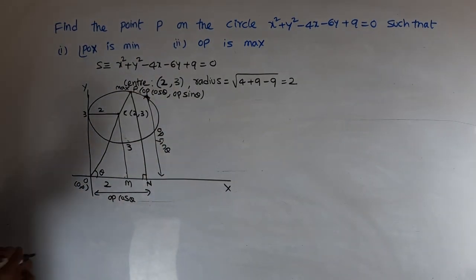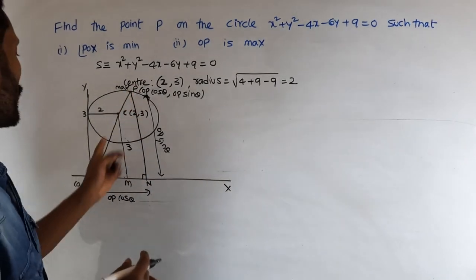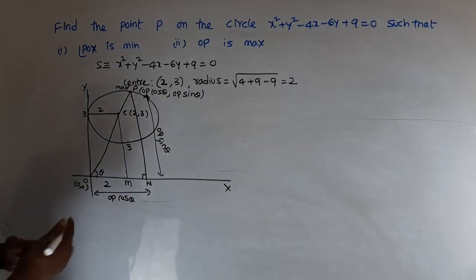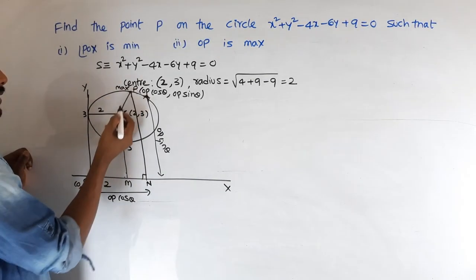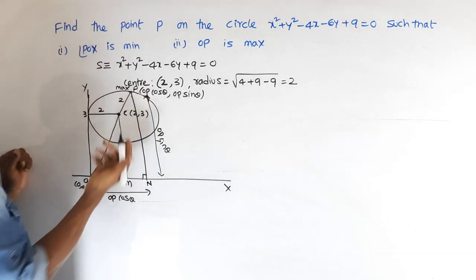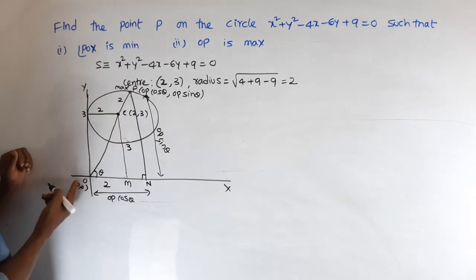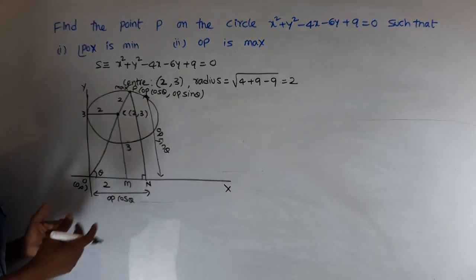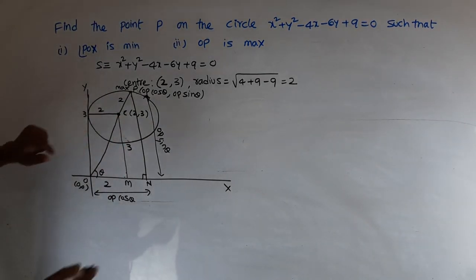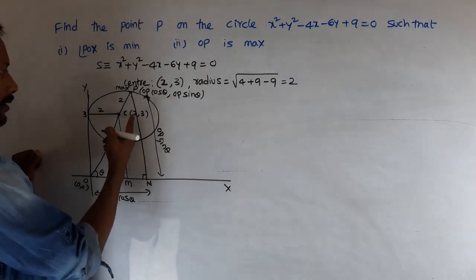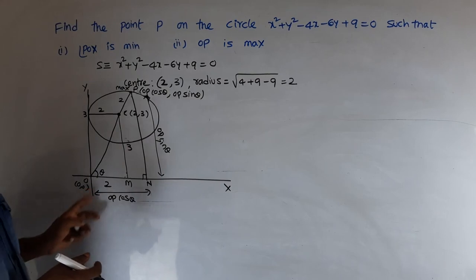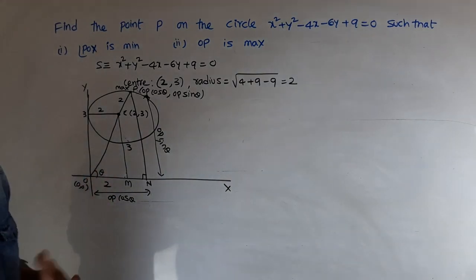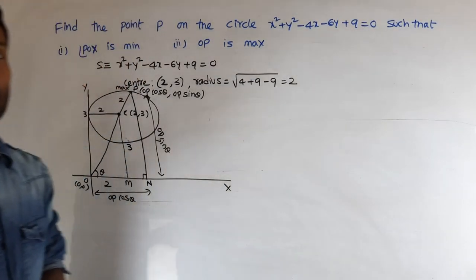So first we have to find the length of OP. CP is the radius, so the length of CP is 2. Point O and the center are available, so you can find the distance, the length of OC. What is the length of OC? 2 minus 0 whole square is 4, 3 minus 0 whole square is 9, 4 plus 9 is 13, square root of 13.